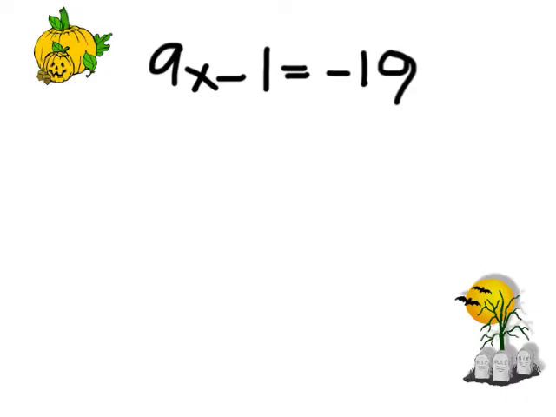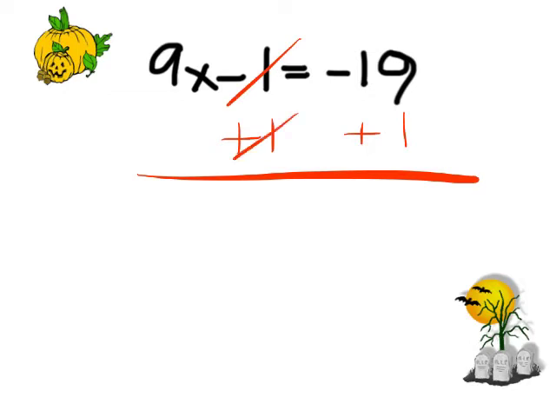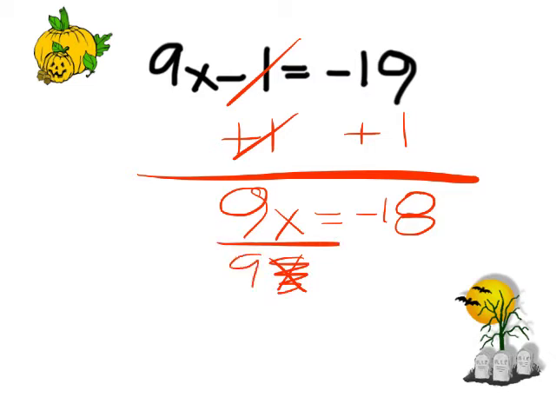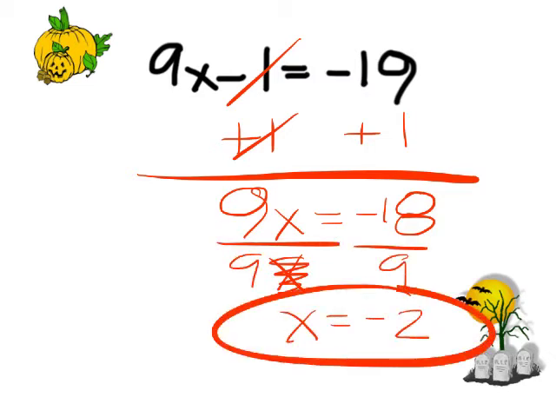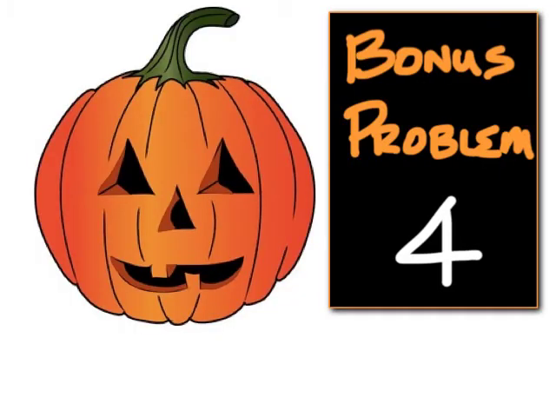Practice problem number 4. Add 1 to both sides. These cancel. You're left with 9x equals a negative 18. Divide both sides by 9, and you're left with a negative 2.